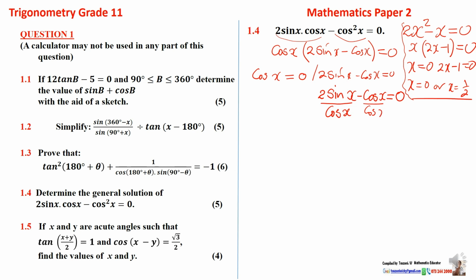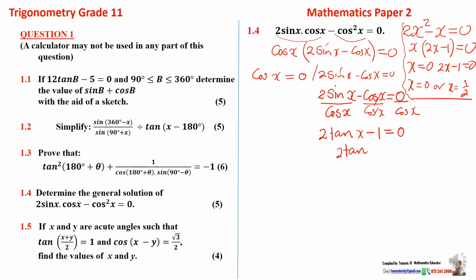We also divide 0 by cos x. Sine over cos is equal to tan. So this is the same as 2 times tan x minus cos x over cos x, which is equal to 1. This is equal to 0 over cos x, which gives us 0. Then from here, we move the 1 to the right hand side.